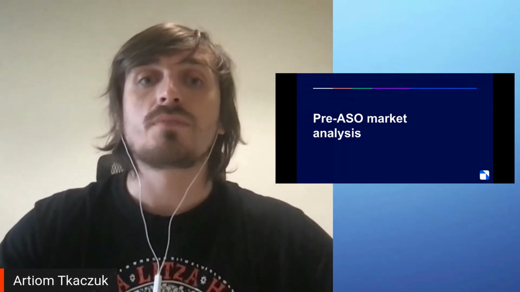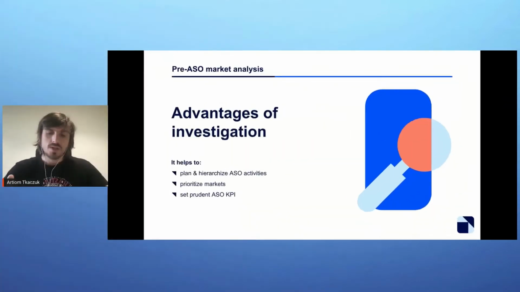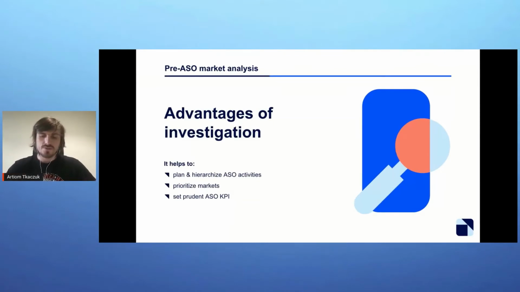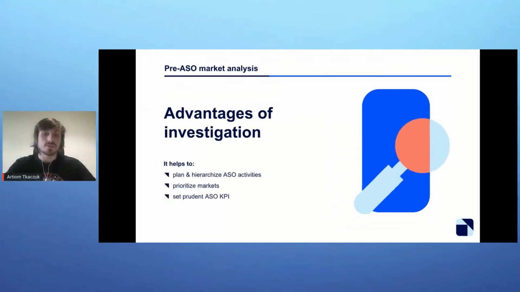So let's move on to the first part of today's presentation, where I would like to say a few words about pre-ASO market analysis. When we talk about App Store optimization, initial analysis of different markets helps to plan optimization activities in the most effective way. In some countries, ASO might give a significant impulse to our application's organic growth, and in some not. I guess this is obvious. It all depends on a variety of factors.